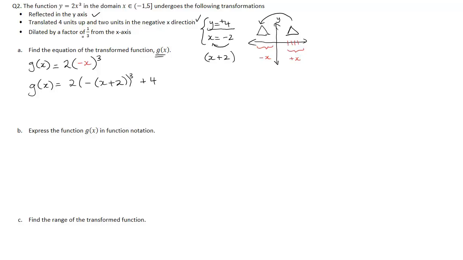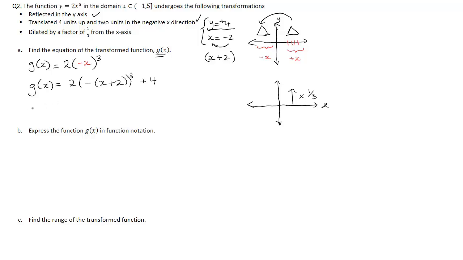And then dilated by a factor of a third from the x-axis. So if we change it by a factor of a third from the x-axis, here's our x-axis, we're dilating it by a factor of a third, so that influences our y values. And so our y value is everything outside of the x bracket.